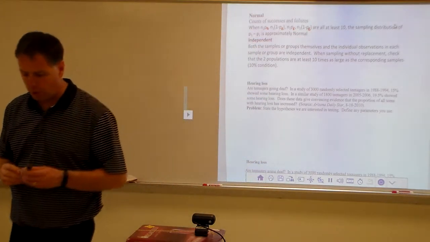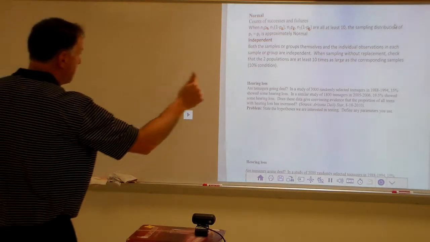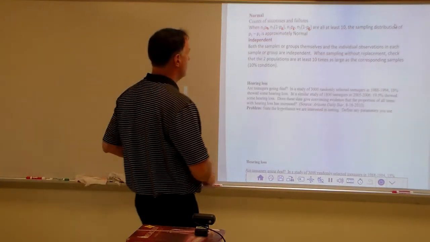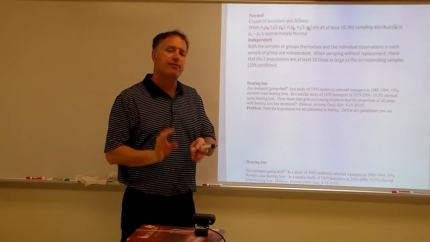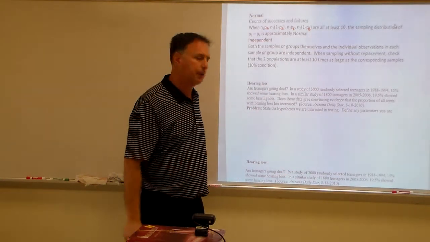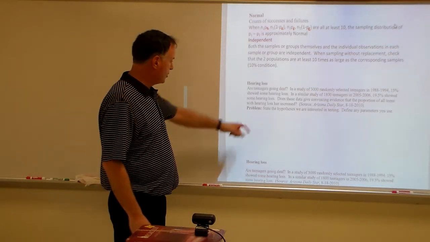All of those proportions need to be pooled. They need to be combined. The rest of the conditions are similar. Again, I'm going to show you how to find those pooled proportions in a second. Independent, the same.